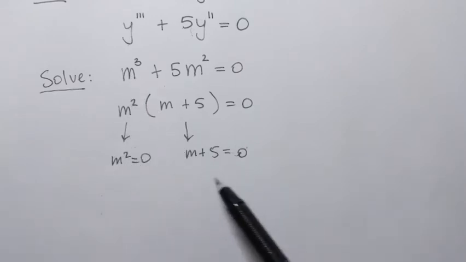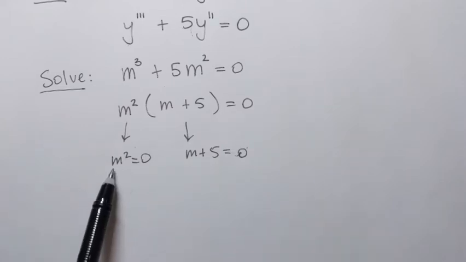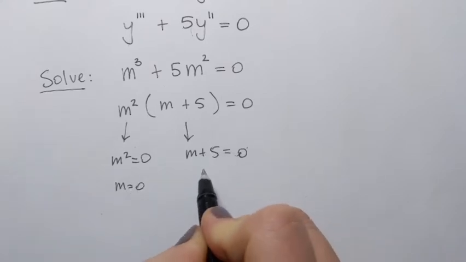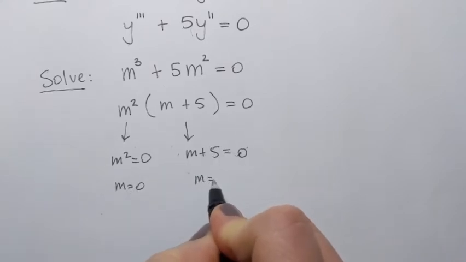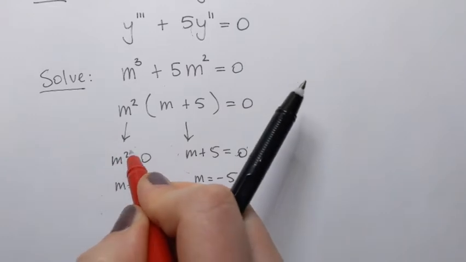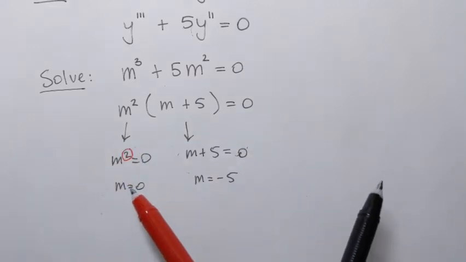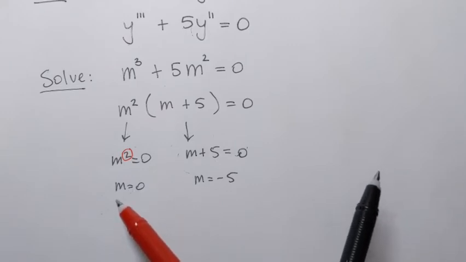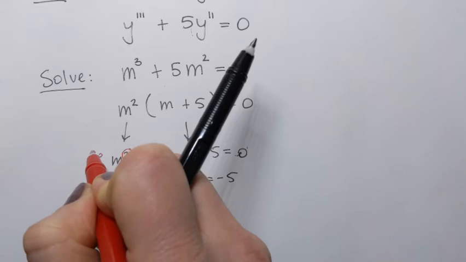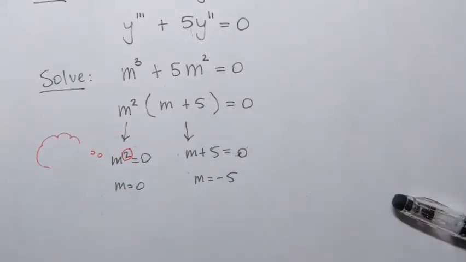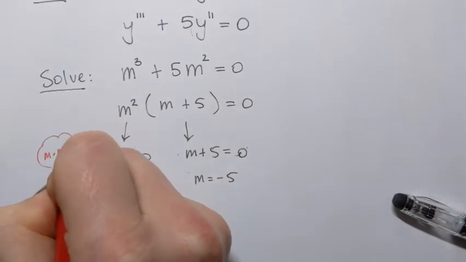Now, as I look at what I got at this point, in this case, I'll just square root both sides and I get m equals 0. And for this case, m equals -5. So I only got 2. Where's the third one? Well, here I have to pay attention to that second power. That second power means that the solution m equals 0 is actually a repeated solution, it happens twice. The way to think about it is to maybe write m squared as m times m equals 0, right?